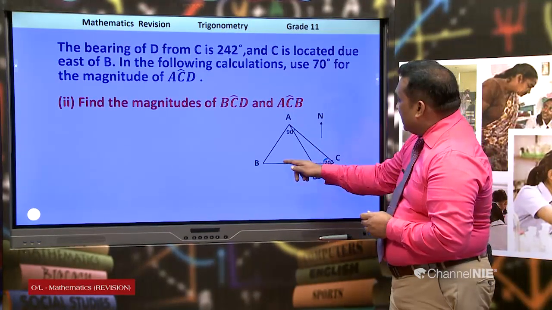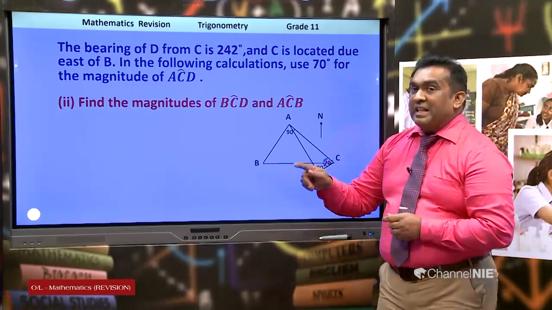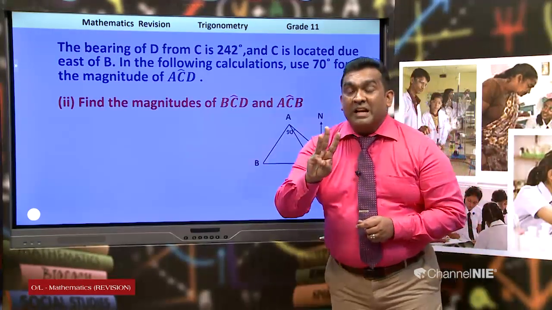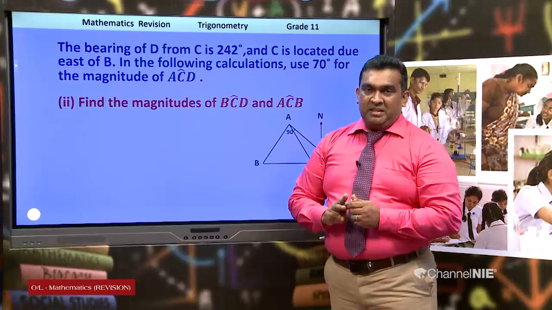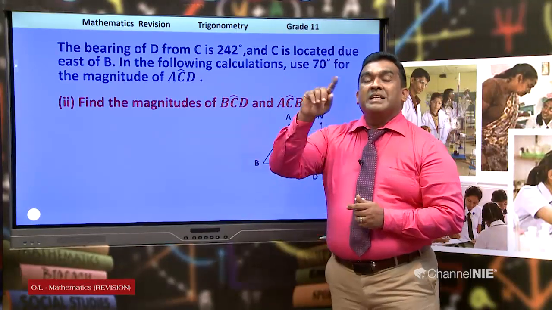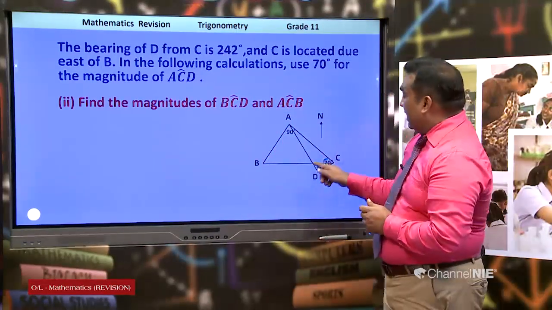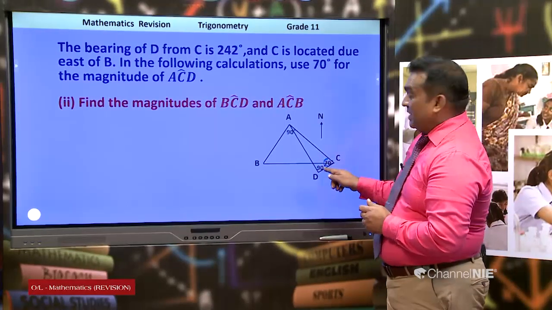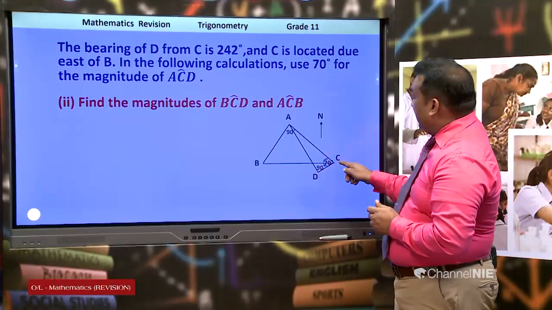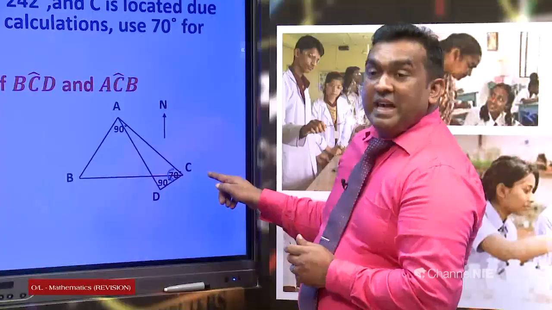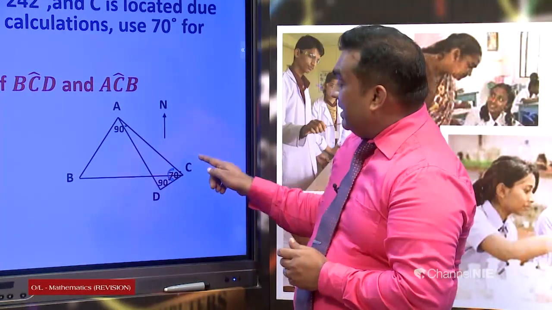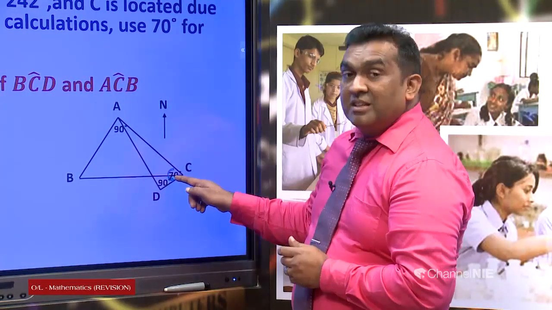Up to BC, you know that there are 3 right angles. Up to BC, if you consider a rotation, there are three right angles. Here 180 degrees contains two right angles. First right angle, second right angle and third right angle.